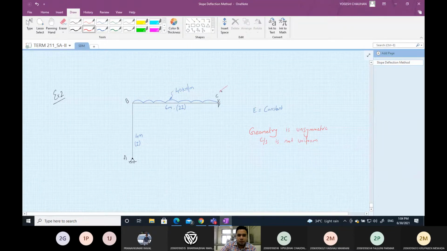But here this support C restrains the frame from undergoing sway.